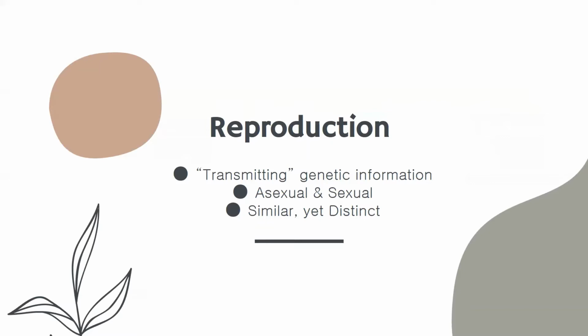And for sexual reproduction, we are products of sexual reproduction to start with. We receive half of our genes from our fathers and the other half from our mothers. This mechanism of half and half, mix and match, gives us similar yet distinct features from our parents.